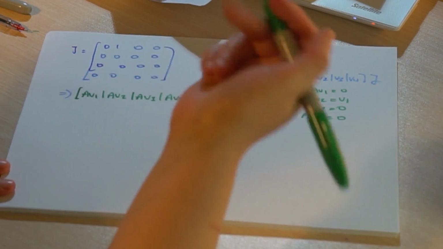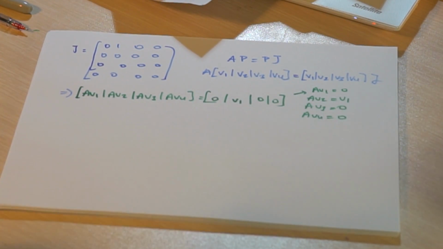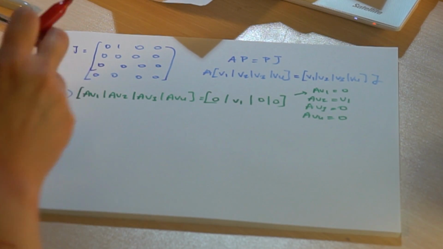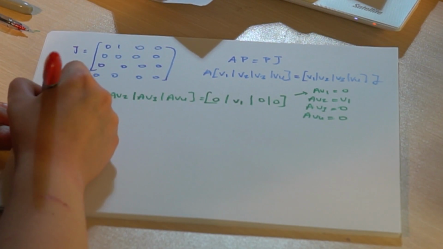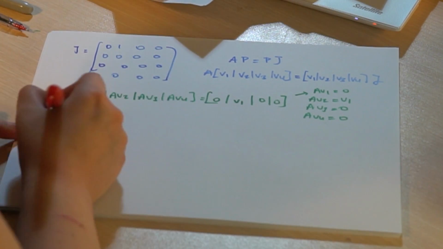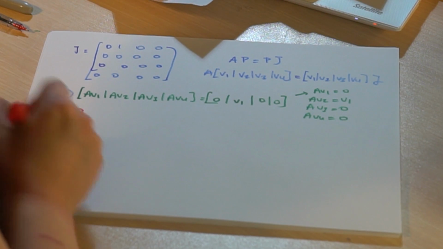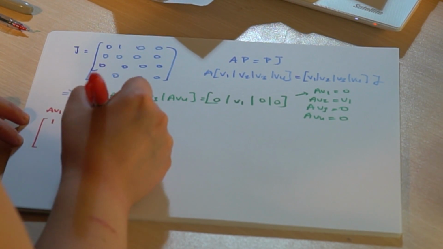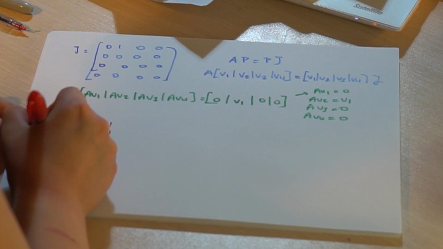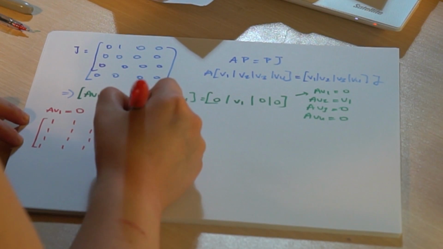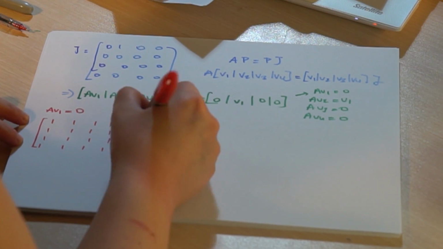Now we need to choose V1, V2, V3 and V4. Let's try to find this one. AV1 is equal to 0. A was 1, 1, 1, 1, 1, 1, 1, 1, 1, 1, 1, 1, 1, 1, 1, 1, and this must be equal to 0.